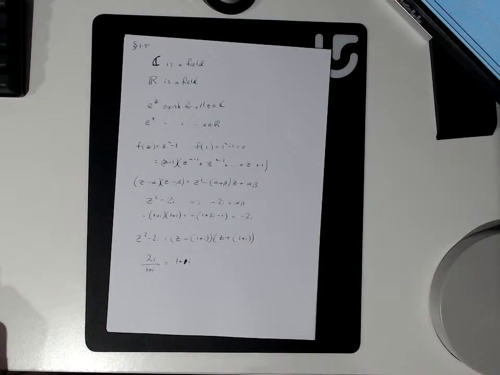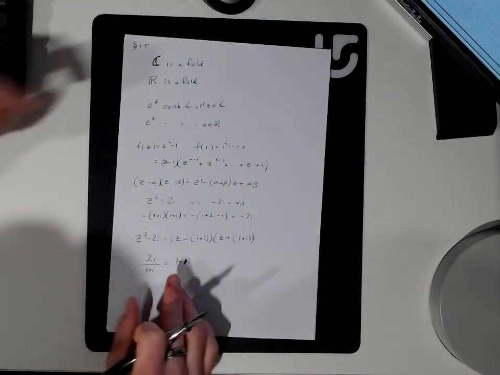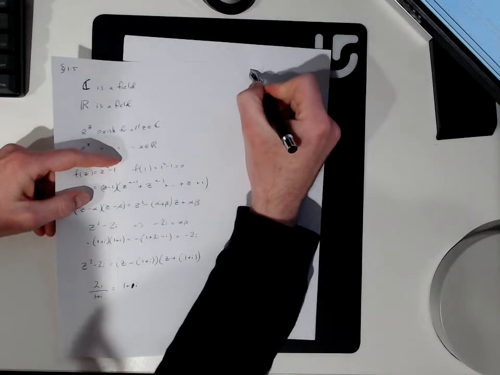Another example, long division of polynomials is fine. It's page 5.